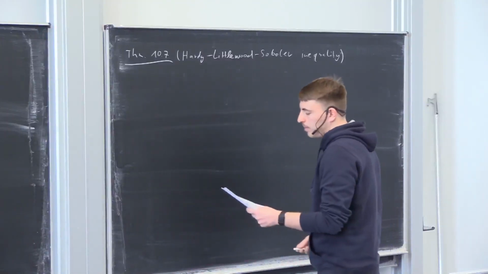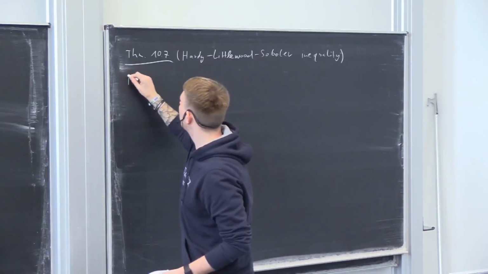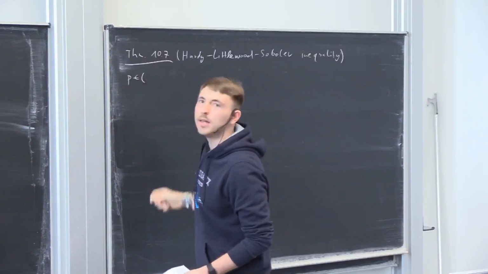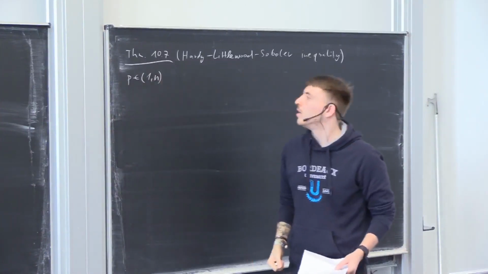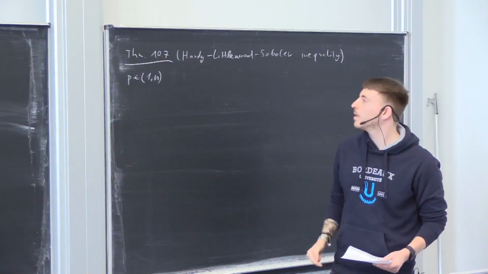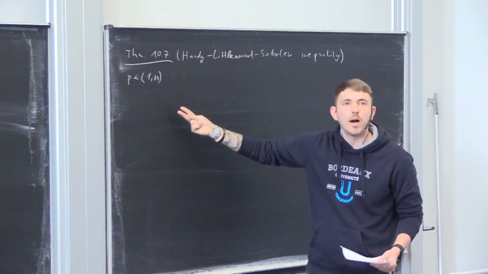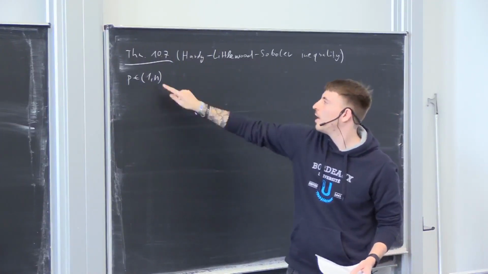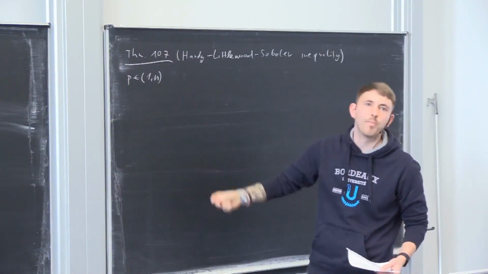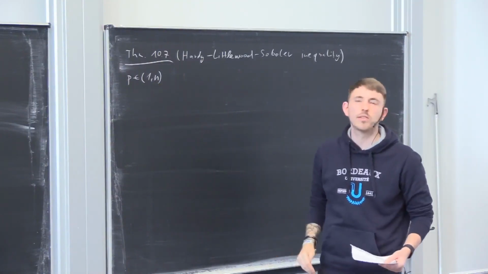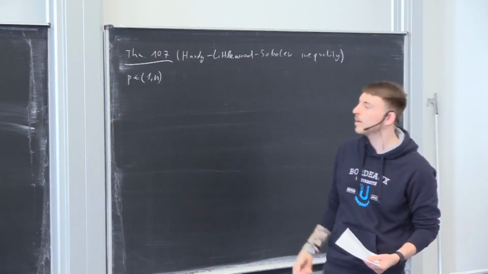So what does it tell? We take some p in the open interval from 1 to n. Here you can already see a bit: I didn't write down any restriction on dimension, but if the dimension is 1, then you have the open interval from 1 to 1, so there's no p in it. So we get no assertion about dimension 1 from this result.